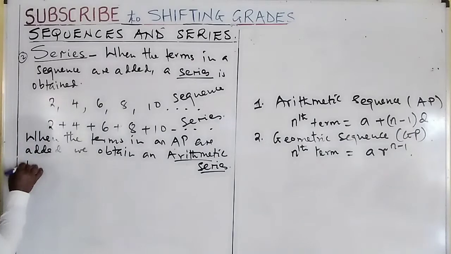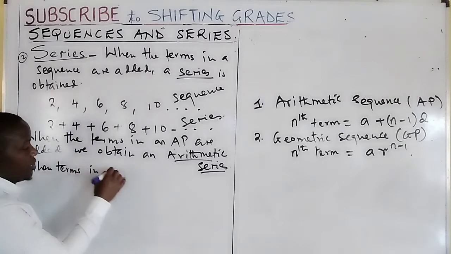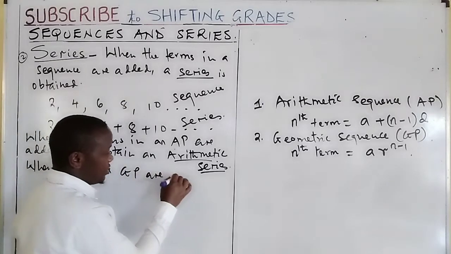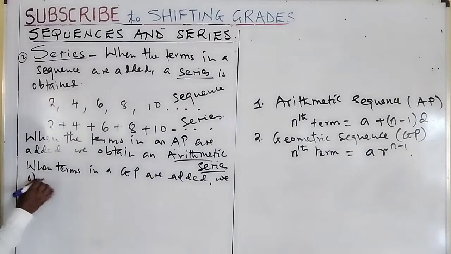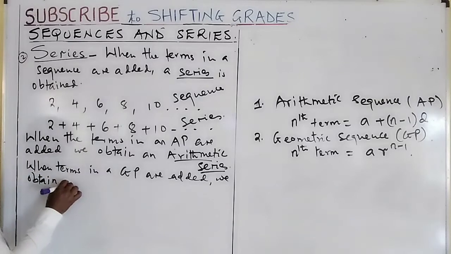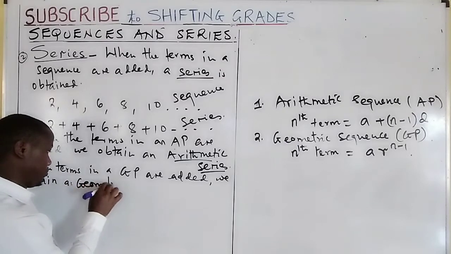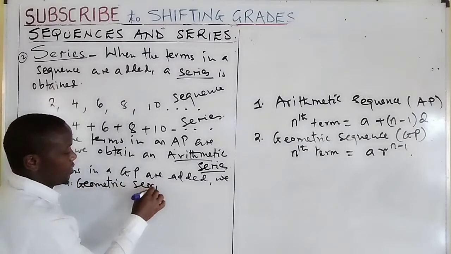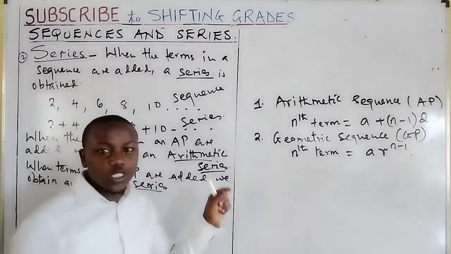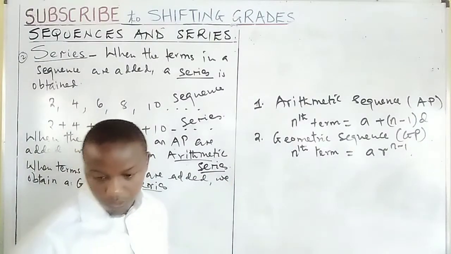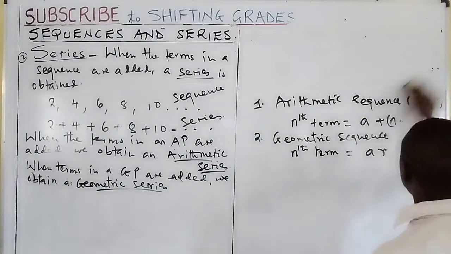Similarly, when terms in a geometric progression are added, we obtain a geometric series. Therefore, the type of series depends on the type of the sequence whose terms are being added.